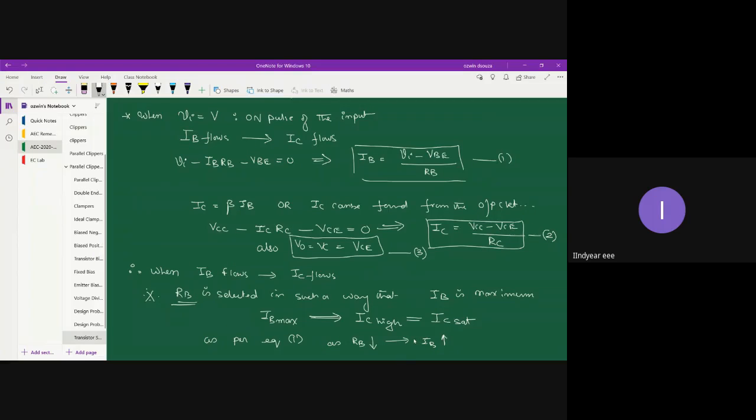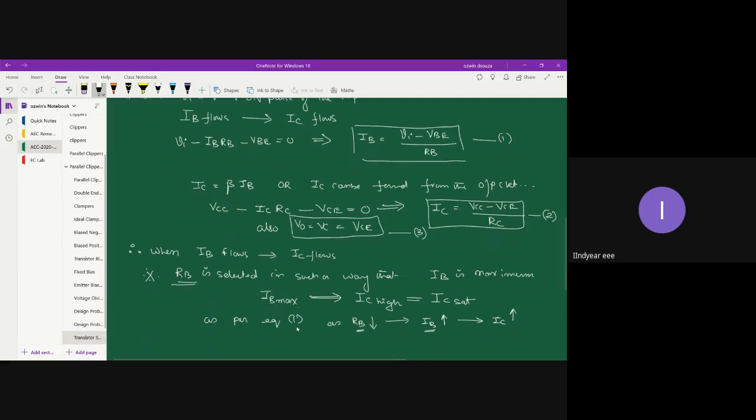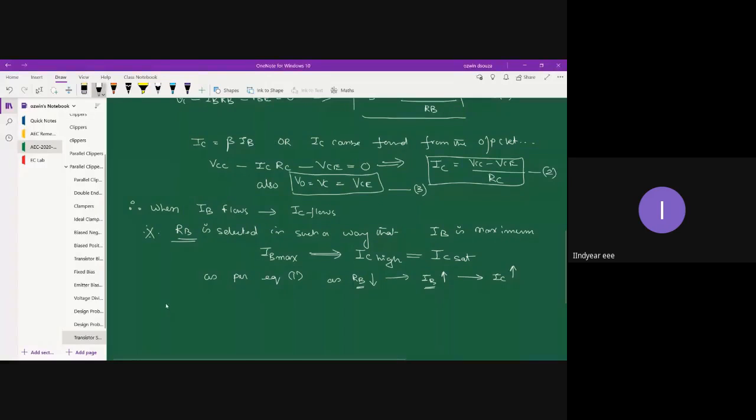So unlike your normal biasing network, in case of a switching network, the value of RB is smaller, right? A smaller value of RB will give you a larger base current, and a larger base current will give you a larger collector current, and thereby you can maintain the transistor in the saturation region.